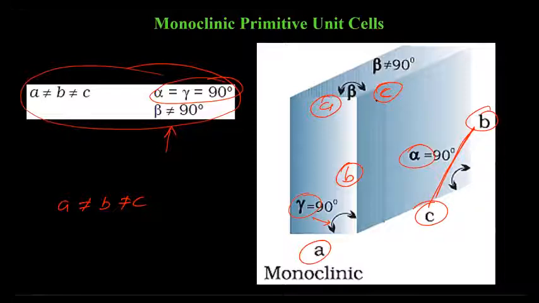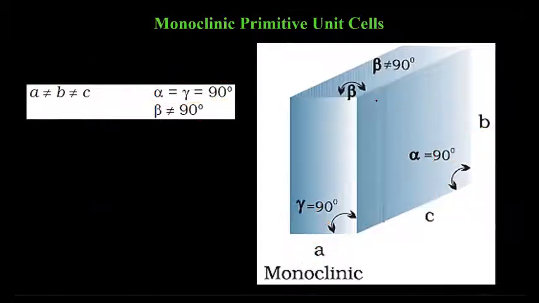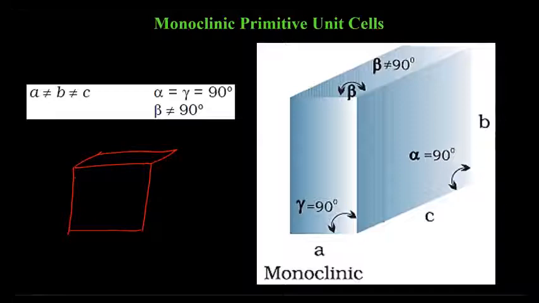So if you need to visualize this one, it might be considered as a cuboid like this. The angles were 90 degree, but what we did, we pressed it from this side.